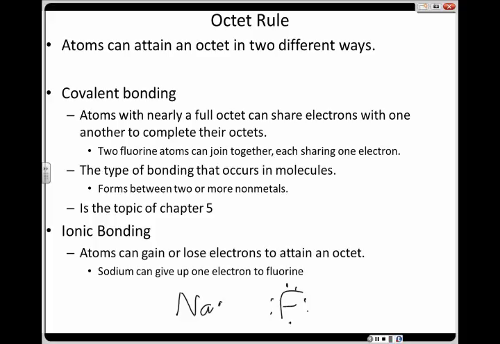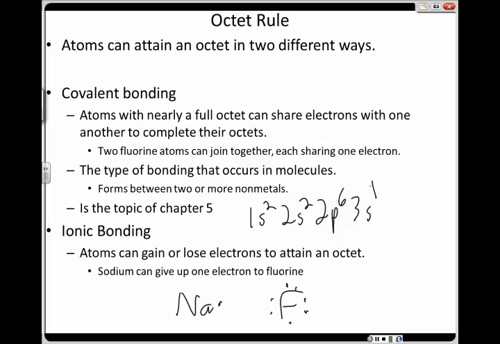Well, they both want an octet, but sodium has so far to go. Sodium would need to gain 7 electrons, because its electron configuration looks like this: 1s2, 2s2, 2p6, 3s1. That's sodium. So it would need 7 more electrons to be like argon.